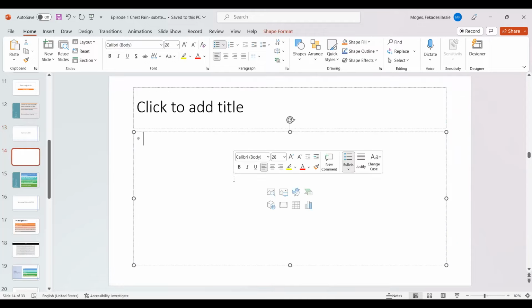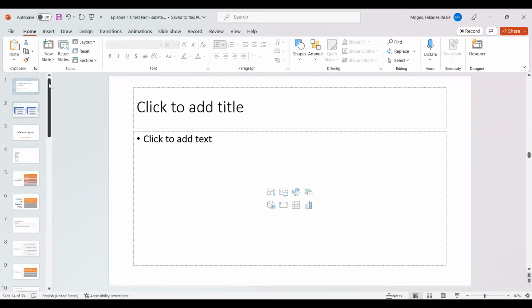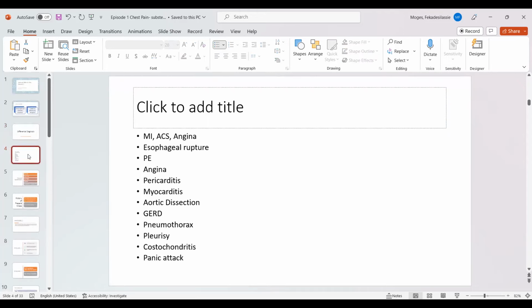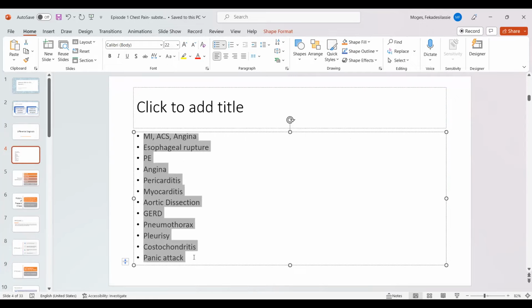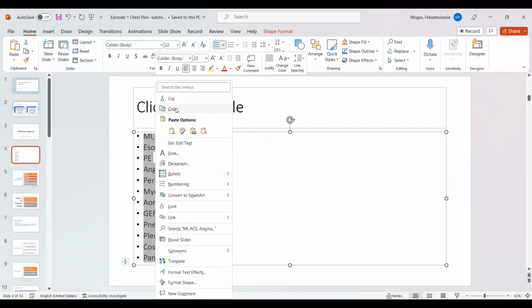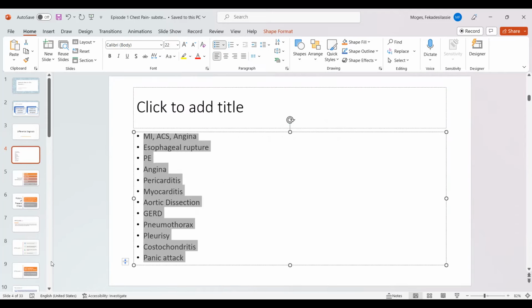Let's narrow our differential diagnosis. Which ones do you want to keep? Which ones do you want to kick out? So MI, angina, keep or remove? Keep. Esophageal rupture, keep or remove? Remove. Let me copy it and take it there so that you can use it for future reference.